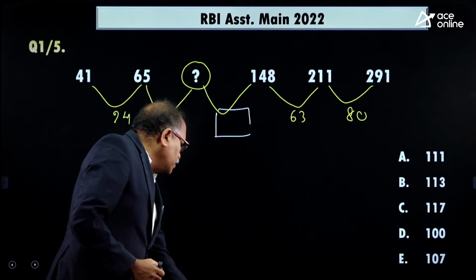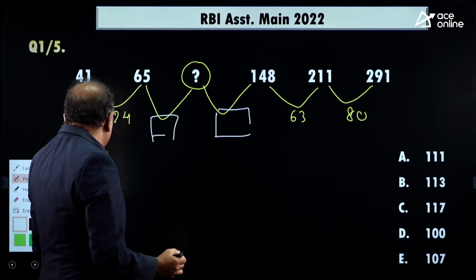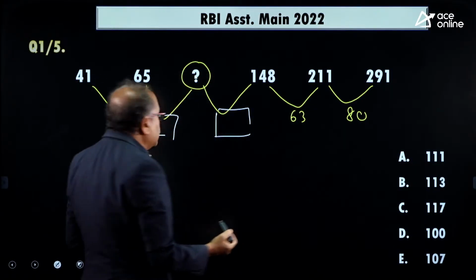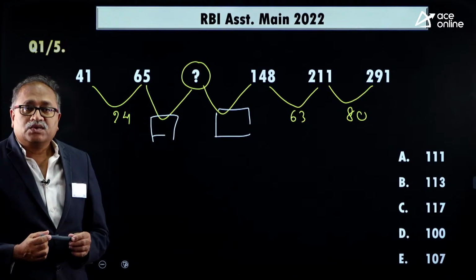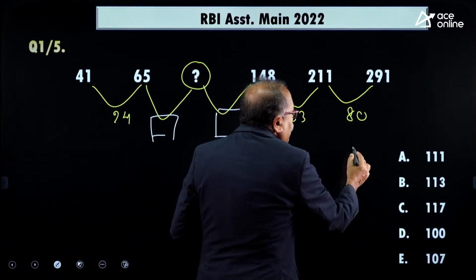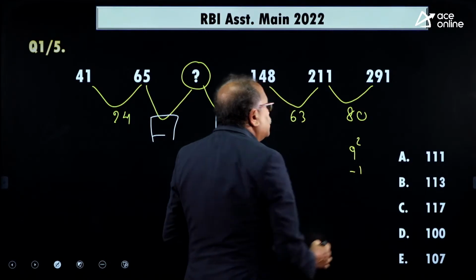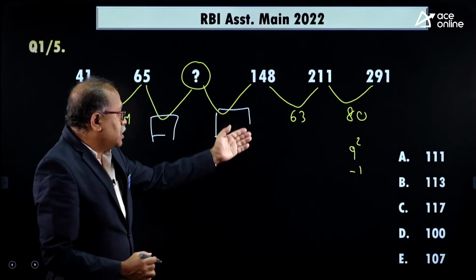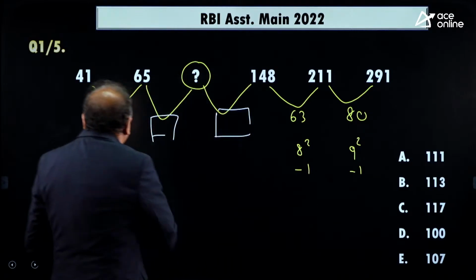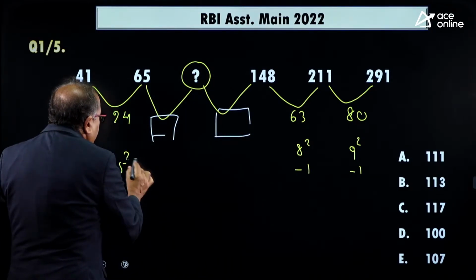So I will start looking at the logic over here. What is the logic applied in this number, or this number? You know that this is 9 square minus 1, 81 minus 1. How about this? This is 8 square minus 1, and this is 5 square minus 1.